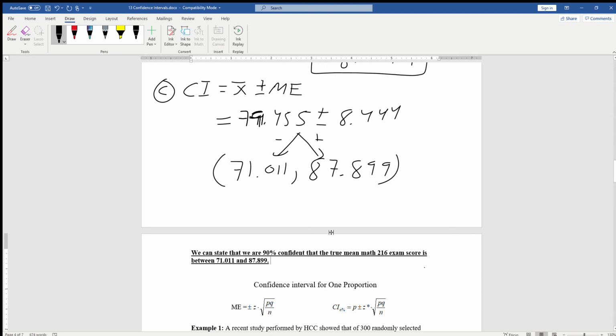Notice that this is a much wider interval than some of the ones we've seen so far.